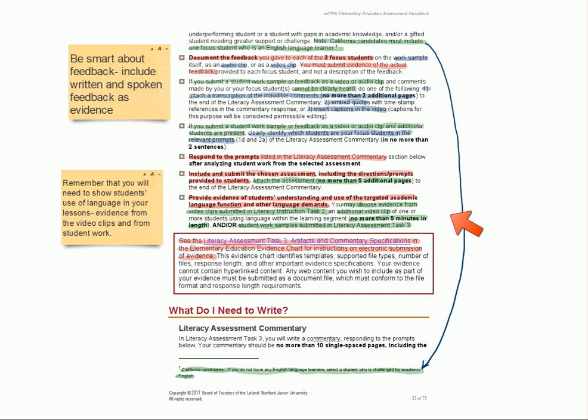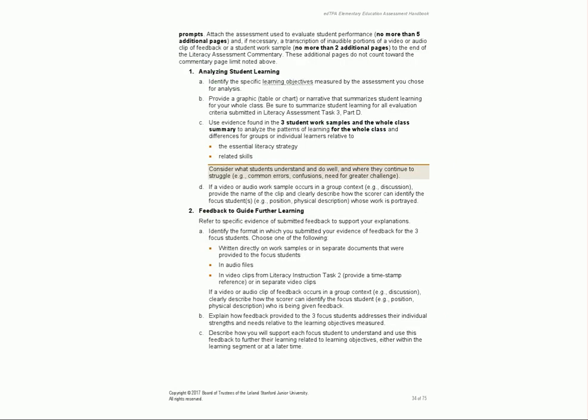So let's go on to the commentary. Now, to begin with, if your evidence is not clear about language use and such, you want to make sure that you include, you want to attach the assessment used to evaluate student performance, no more than 5 additional pages, a transcription of inaudible portions of a video clip or audio clip of feedback or student work samples, and you can't have more than 2 additional pages of this.